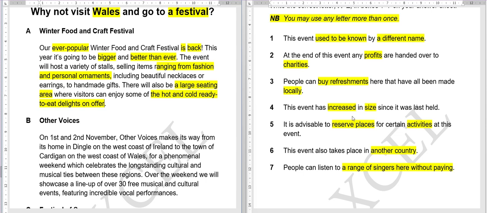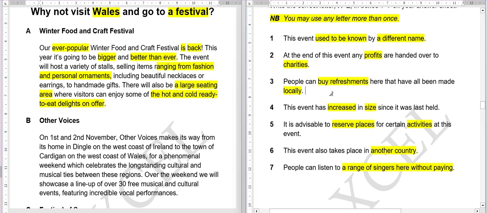No. Well, I can see why a lot of you might have said third as your answer, because they're saying visitors can enjoy hot and cold, ready to eat delights on offer, but they're not talking about locally made refreshments. But one more thing, I think it will help you understand better.